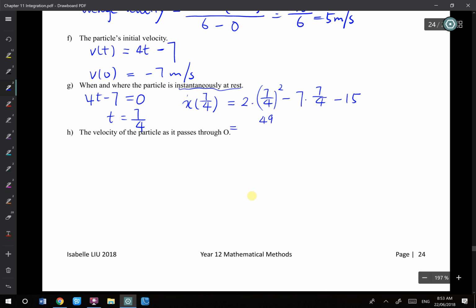That's 49 over 8 minus 49 over 4 minus 15. So that's minus 49 over 8 for the first two, and minus 15 after that.